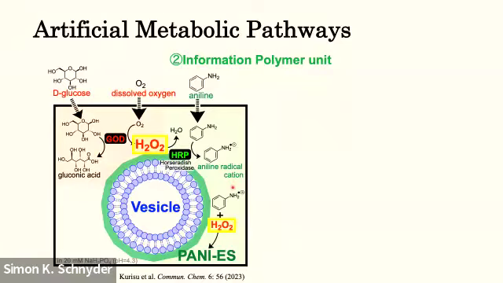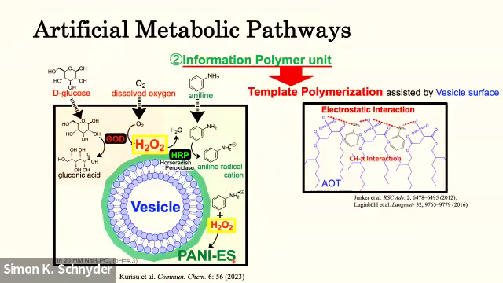And this radical cation molecule is highly reactive, and these activated aniline radical cations are polymerized on the vesicle surface to form the specific polymer called PANI-ES. Here, the specificity of this system is the interaction between the vesicle surface and the polymer.